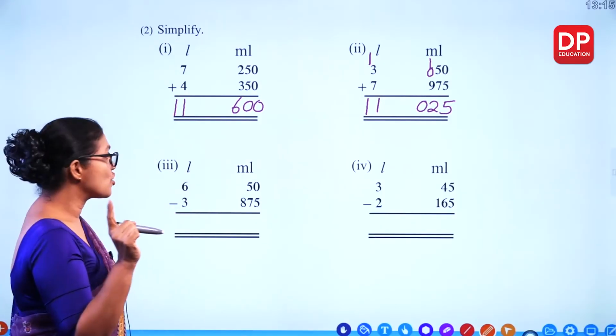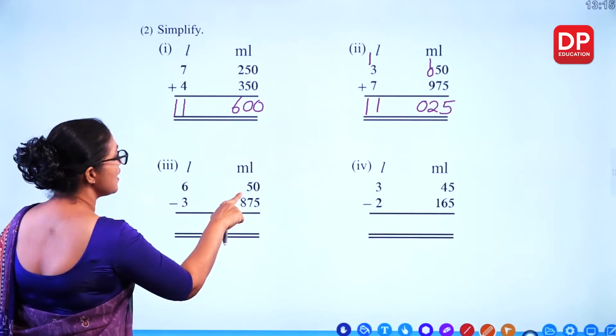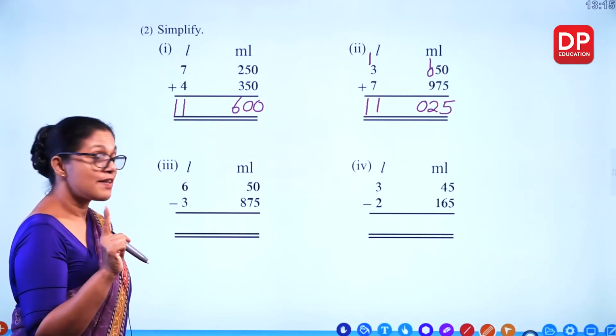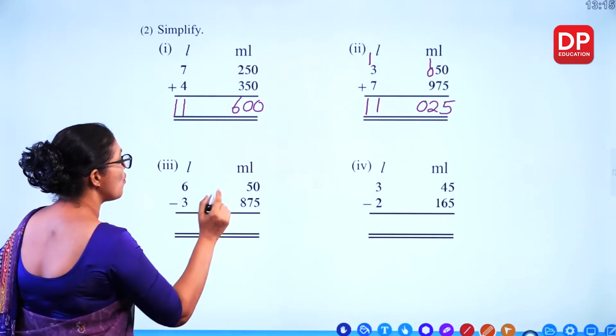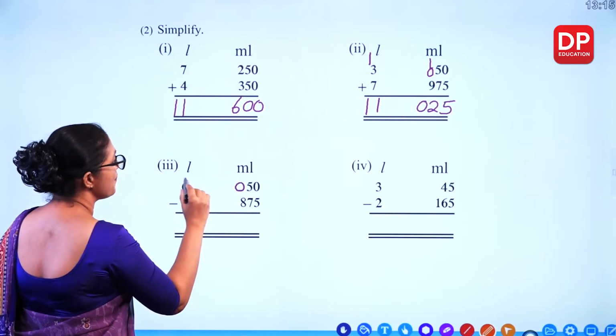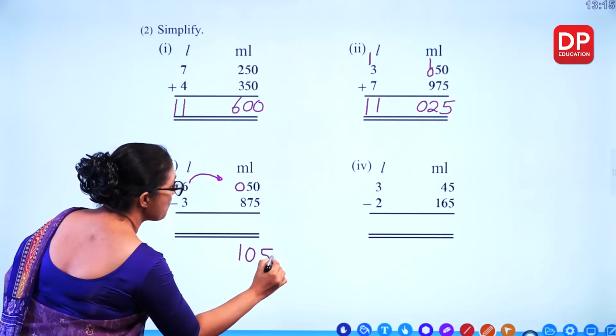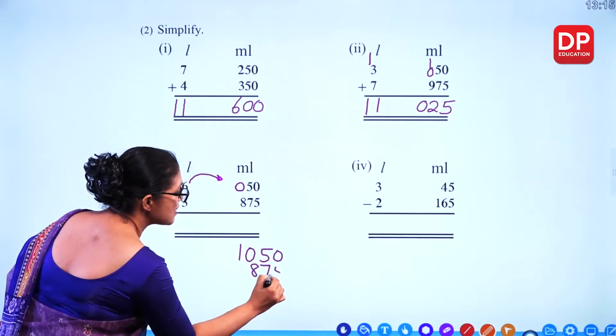Now take this one. Now it's subtraction. So when you want to subtract, here, can you subtract 875 from 50? No. So you have to take 1. Make sure that you put 0 here. Take 1 here. 1050 minus 875.